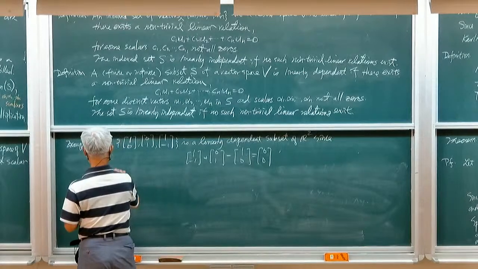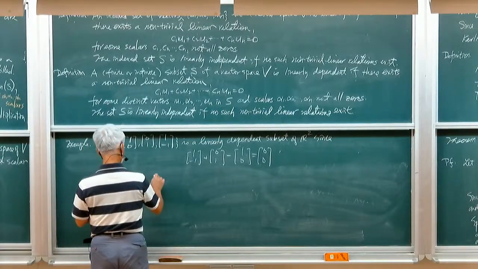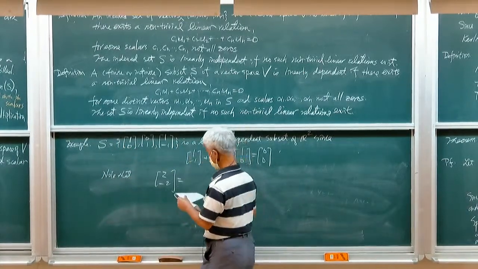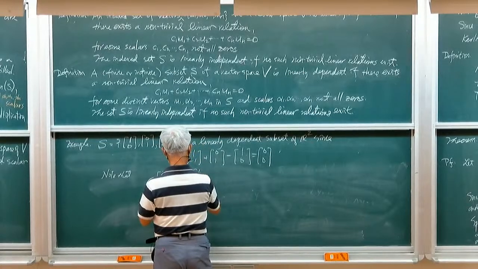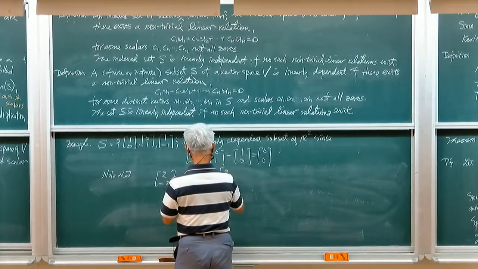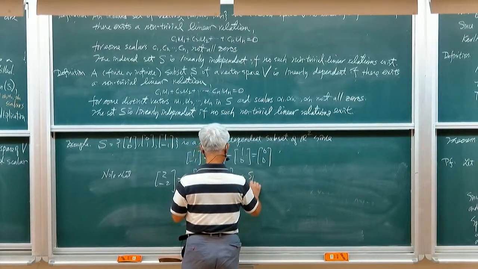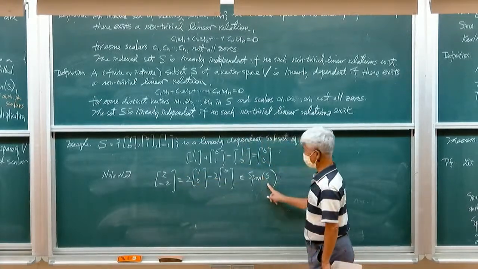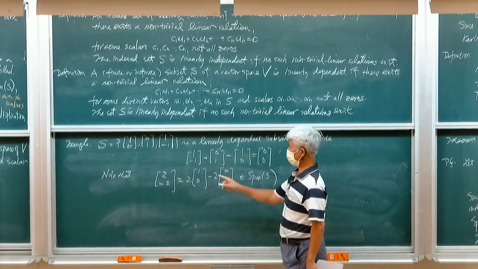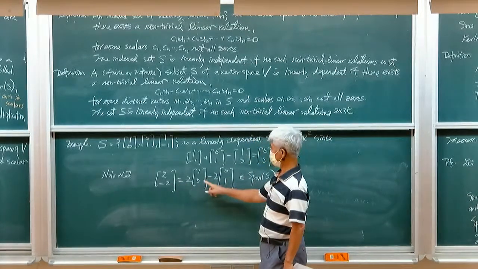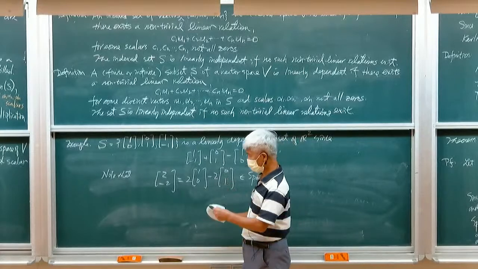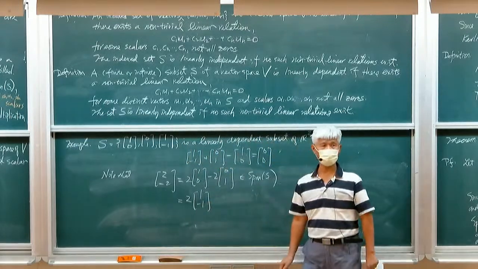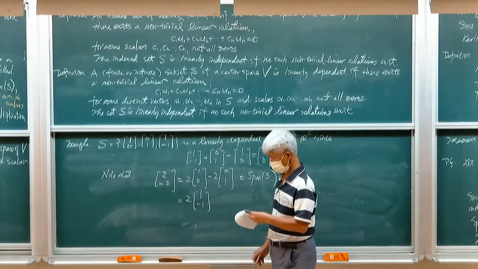Now note that the vector (2, -2) can be expressed as a linear combination. So this vector is in the span of X. This vector can be written as a linear combination of (1, 0) and (0, 1), or it can be written as a linear combination using just the vector (1, -1).